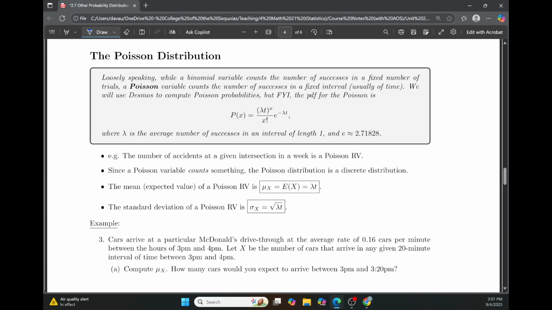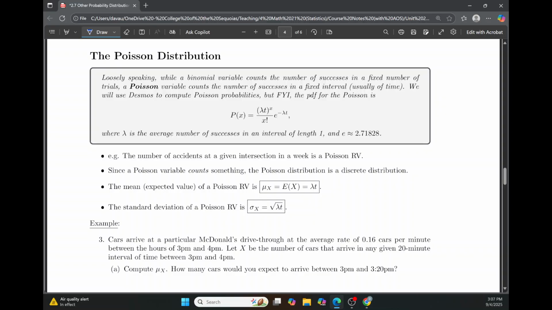Again, a binomial counts the number of successes in a fixed number of repetitions of an experiment. A Poisson variable, on the other hand, counts the number of successes within a certain period of time.